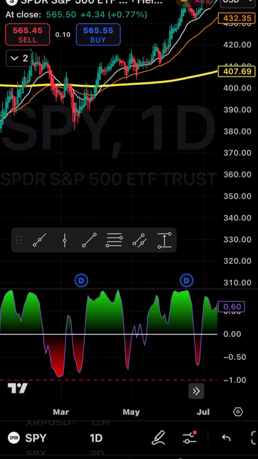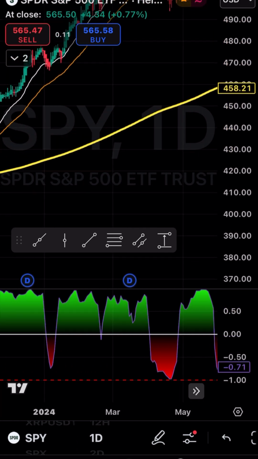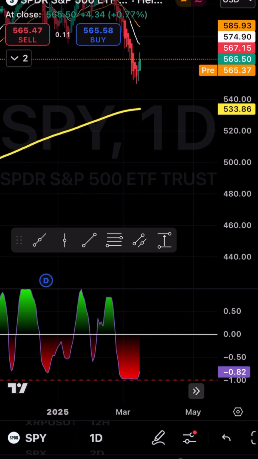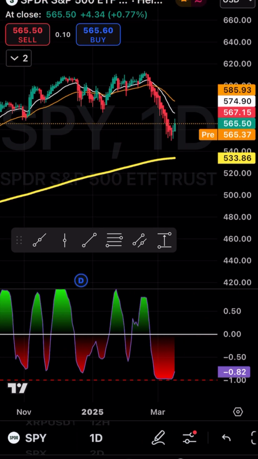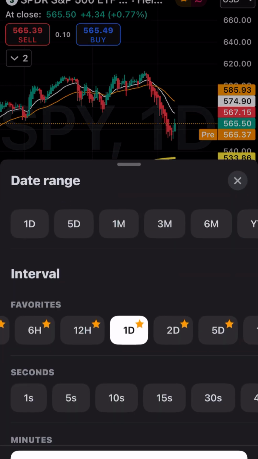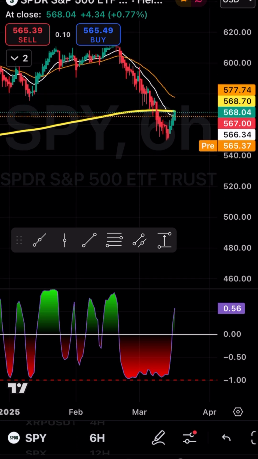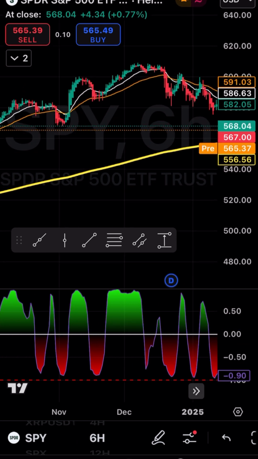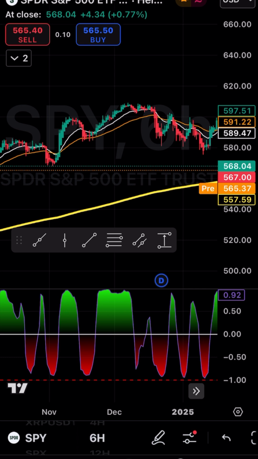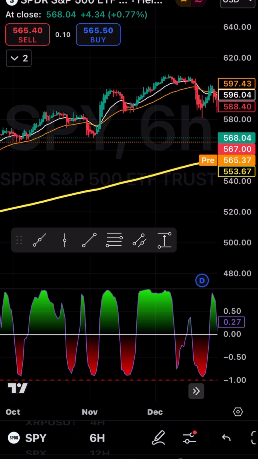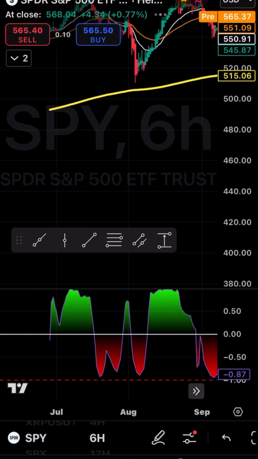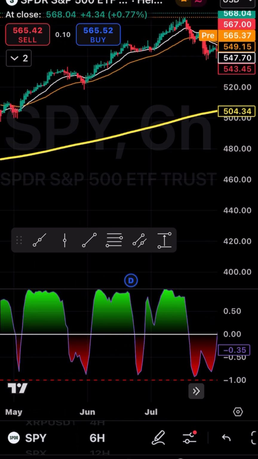Now that's doing it on the day. I like doing it, but the disadvantage here is you've got to wait for the cross, and that's going to take some time. So if you want, you can go down on your time frames. You can go down to your 6 hour. It's the same thing. You follow the moving averages. You look for crosses with the 9 and 21, and you look for crosses with the 9, 21 and the 200.